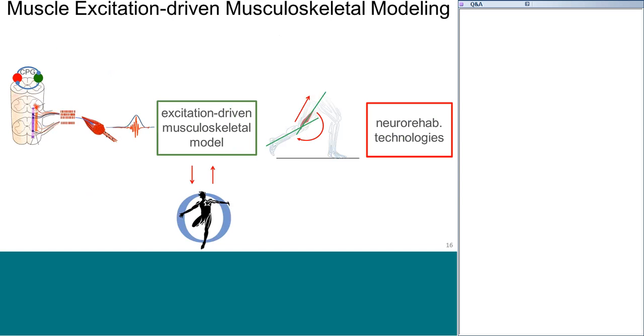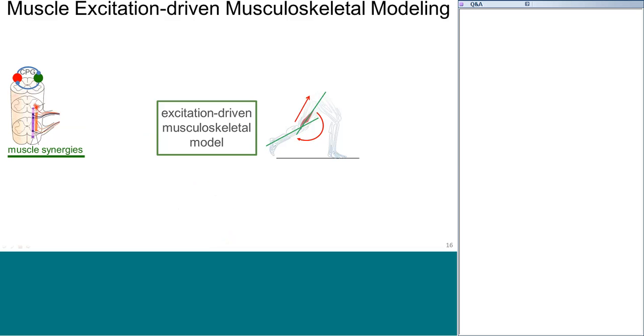So going back to the scheme that summarizes the structure of this presentation, we now are working at this level. So we're going to use muscle synergies reflecting the spinal circuitries as an input to the model. So muscle synergies allow reducing the dimensionality of EMG signals.